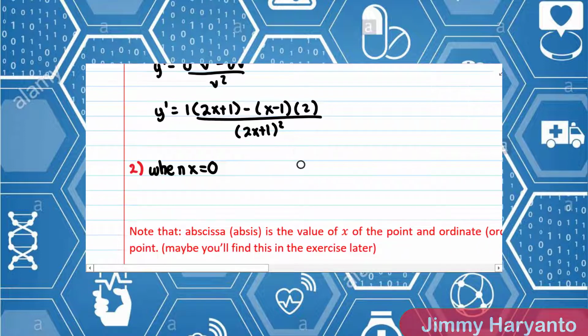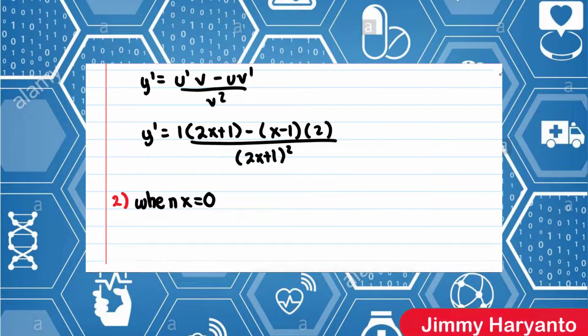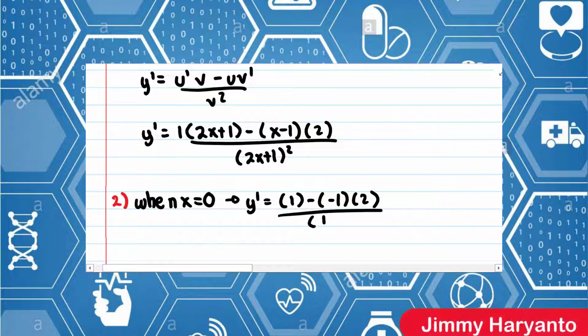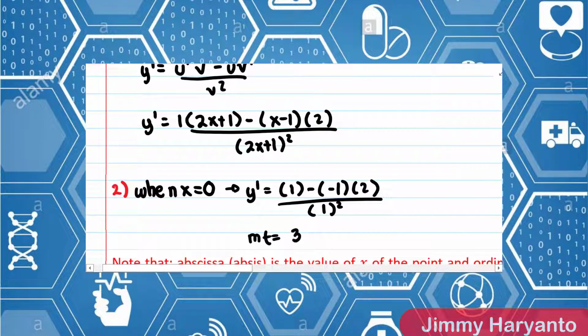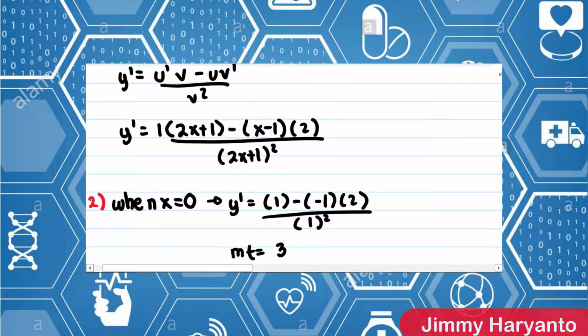So when x equals 0, y prime equals 1 times (0 plus 1), minus negative 1 times 2, over (0 plus 1) squared. So this is the gradient of the tangent. The gradient of the tangent equals 1 plus 2, equals 3 over 1, equals 3. Okay, so this is the gradient of the tangent.